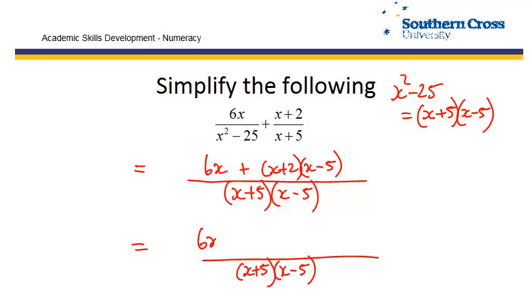So that's 6x plus. Now, when we expand these two brackets out, we'll get x squared, take away 3x, take away 10.